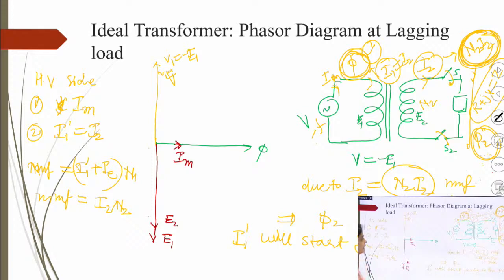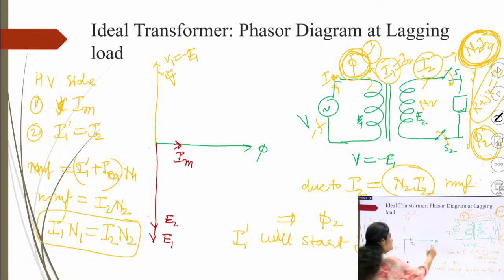So total MMF present in the transformer must be IE N1 or IMN1, you can say IMN1, right. So I1 dash N1 must be equal and opposite to I2 N2, so that the flux phi m only sustains in the transformer.